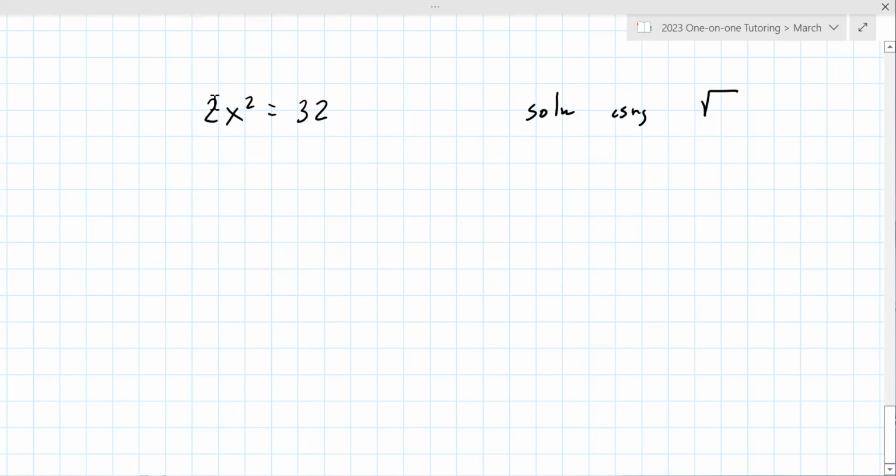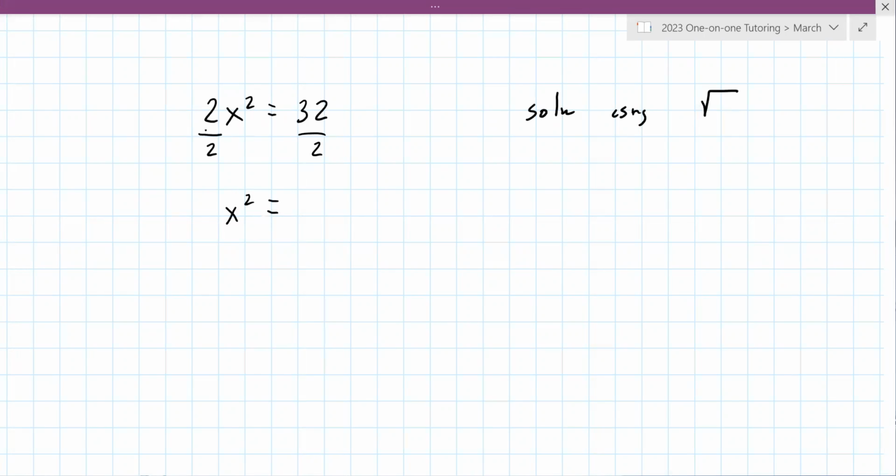It has a 2 in front. What's the math operation between the 2 and the x²? Multiplication. Okay, so you undo that with division. x² equals what on the right hand side? 6. Try again.